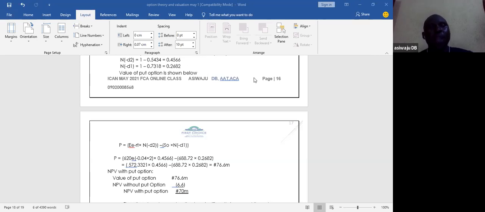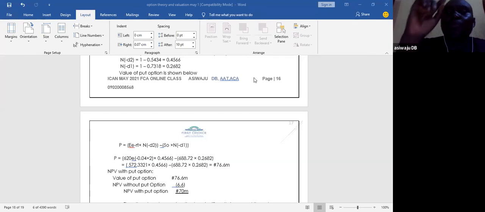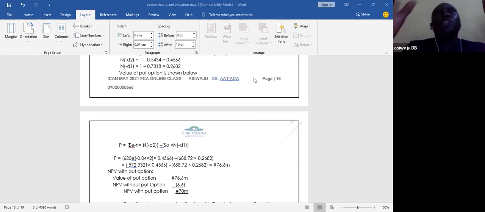Okay. When do you know when to use put call parity? Let me quickly explain that. First of all, you can calculate your call value in this question. When you calculate your call option price, you then use it in the put call parity formula to determine your put price.